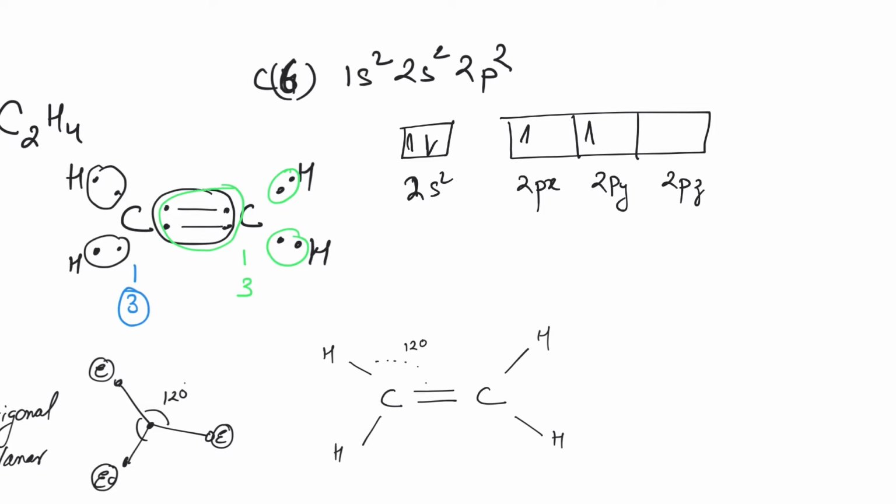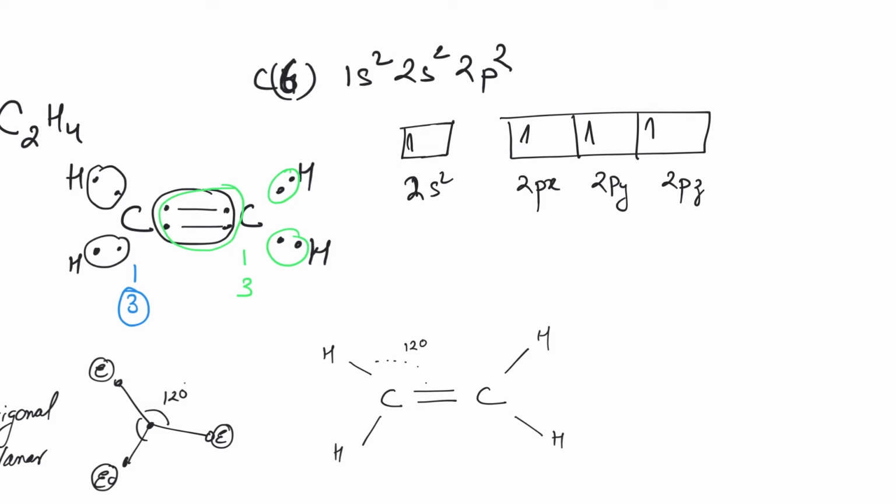Now obviously what we have to take care of here is the promotion. So let us delete this electron from here and promote it right here. Now, according to valence bond theory, only 3 electron groups are going to be considered.